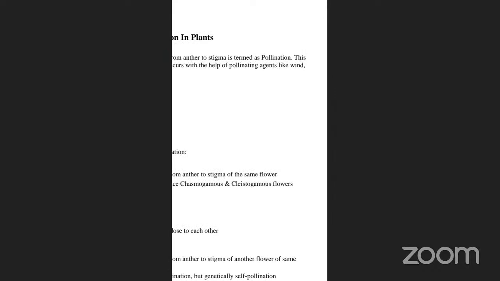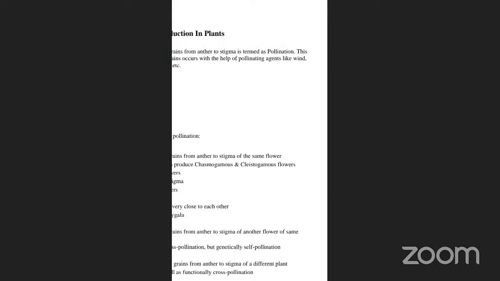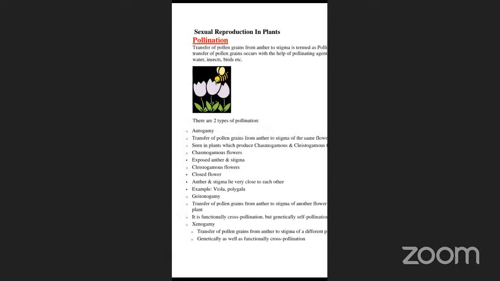Pollination in angiosperms is classified into two types: self pollination and cross pollination.